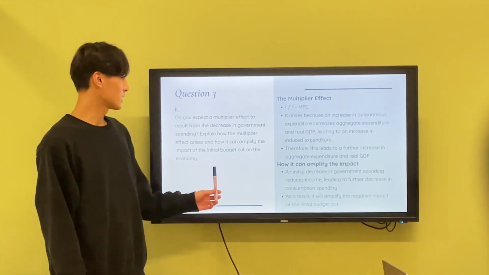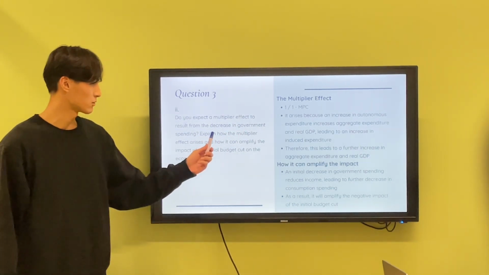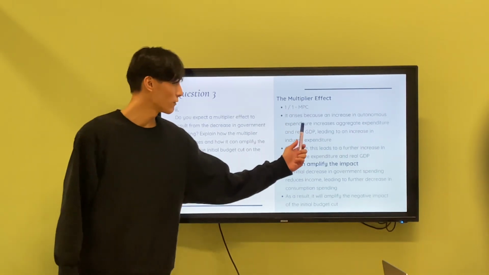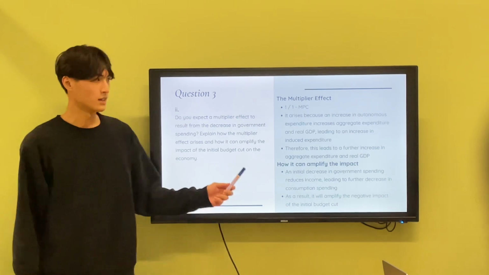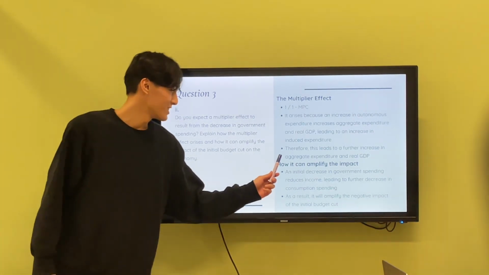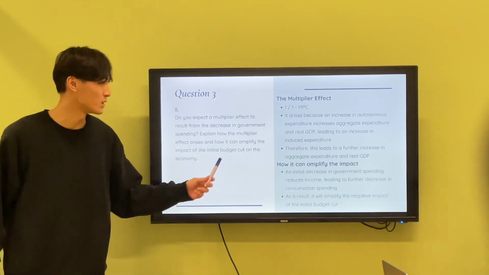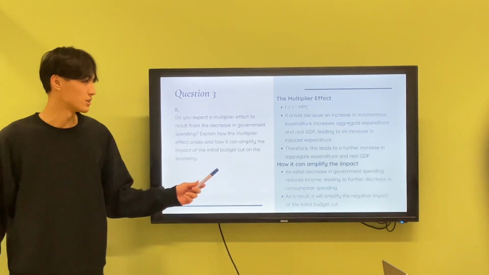And the second part, yes, I expect a multiplier effect to result from the decrease in spending. We can see the definition of the multiplier effect. It arises because an increase in autonomous expenditure increases aggregate expenditure and real GDP, leading to an increase in induced expenditure.